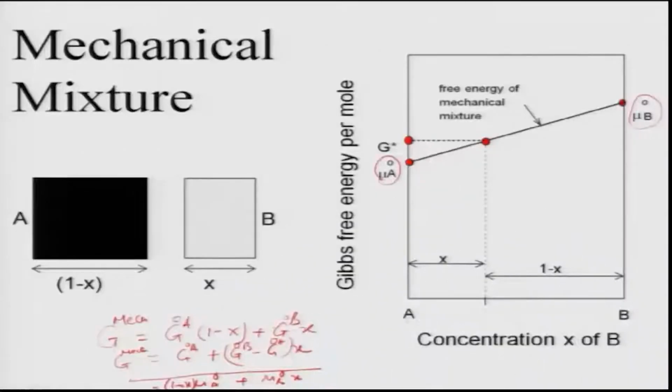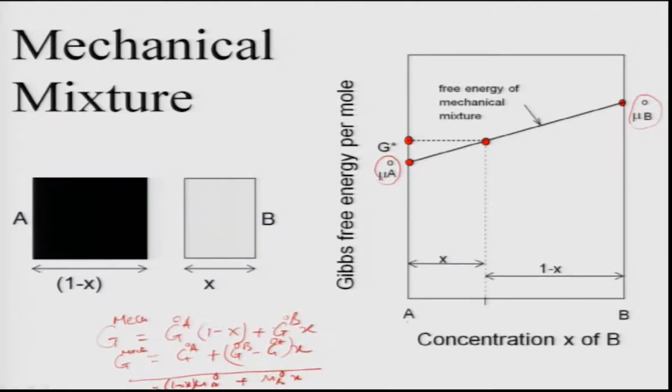If I plot G, the free energy, versus x, where x is the mole fraction of B, then at any point on this line between pure A and pure B, the free energy is given by a point lying on this line. That is nothing but the free energy of the physical or mechanical mixture, that is, we have just put things together. Now, what happens when we atomically mix them?